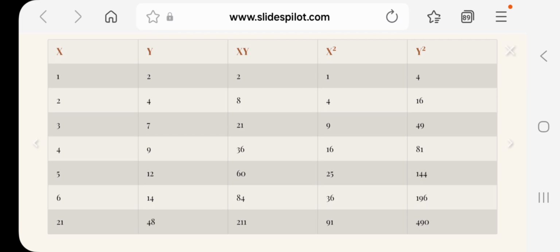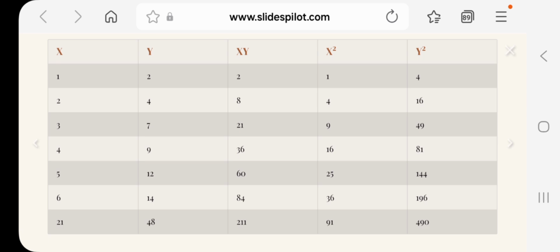Now moving on to the next column, x squared. So we're going to square the values that we see in the x column. 1 squared is 1, 2 squared is 4, 3 squared is 9, 4 squared is 16, 5 squared is 25, 6 squared is 36.